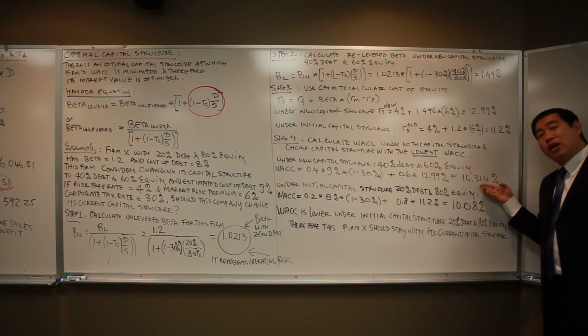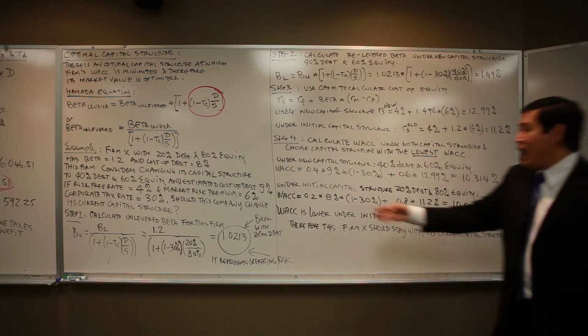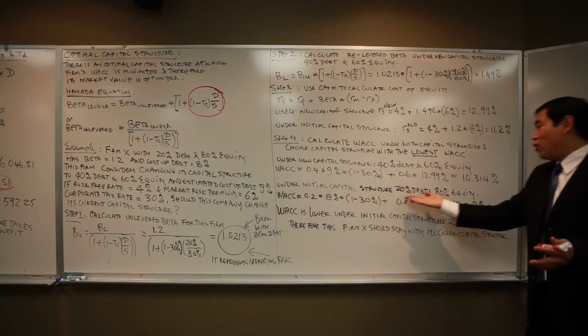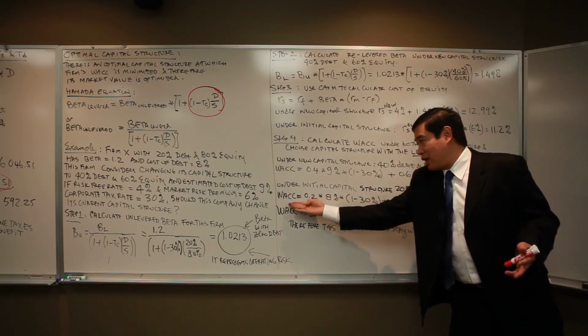So we get a weighted average cost of capital of 10.314%.